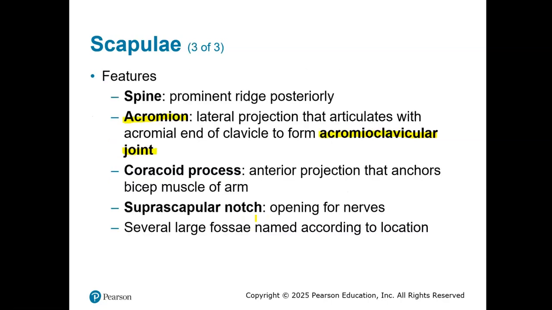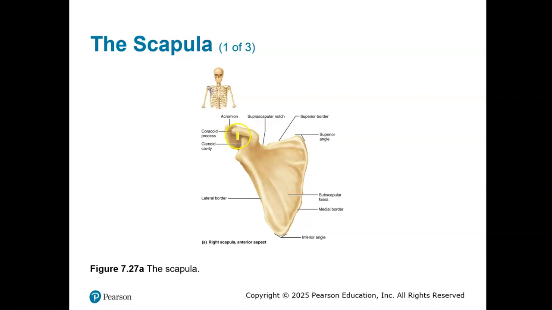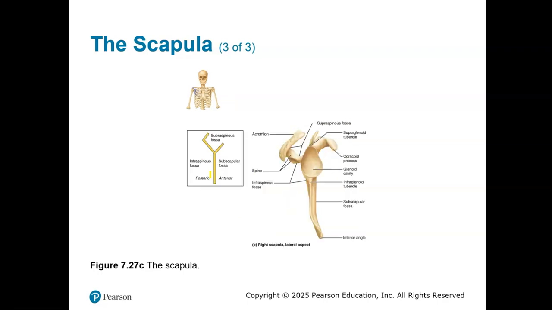So it's the structure in the scapula right here that's definitely concave, and it's like a shape that fits a circular structure. So there it is, the glenoid cavity. The glenoid cavity fits the head of the humerus, which is your upper arm bone.